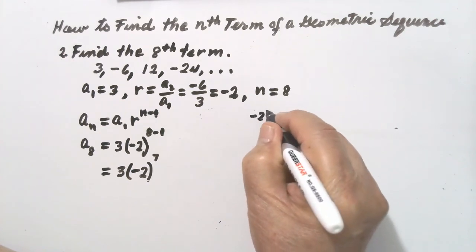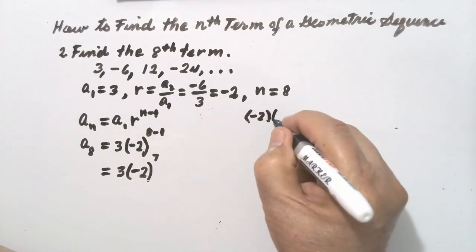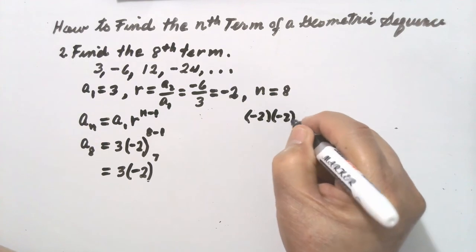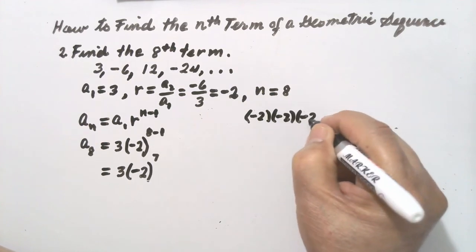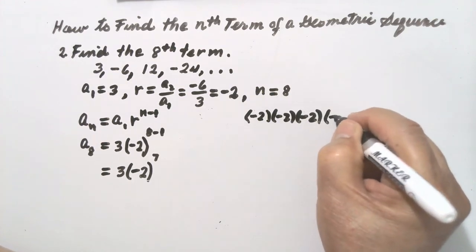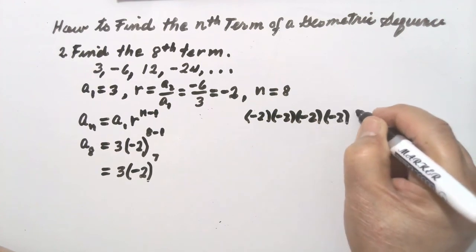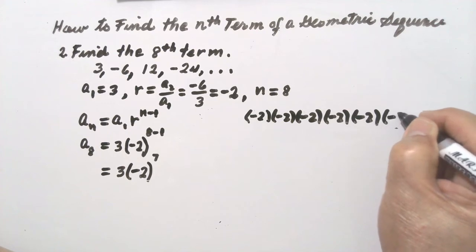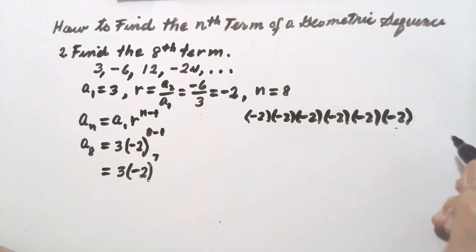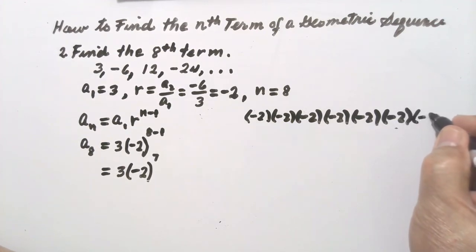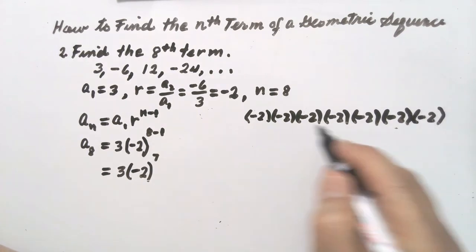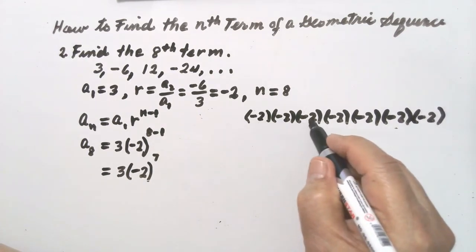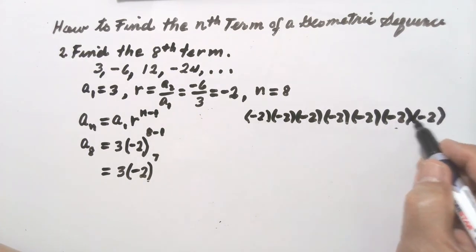Negative 2 times negative 2 times negative 2 times negative 2 times negative 2 times negative 2 times negative 2. Let me check. 1, 2, 3, 4, 5, 6, 7.